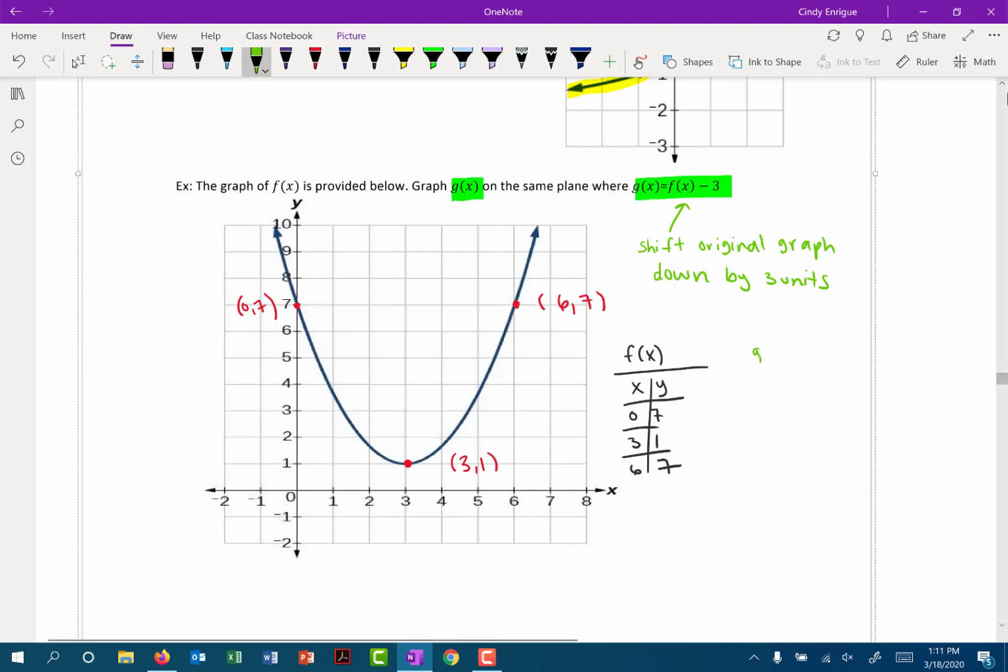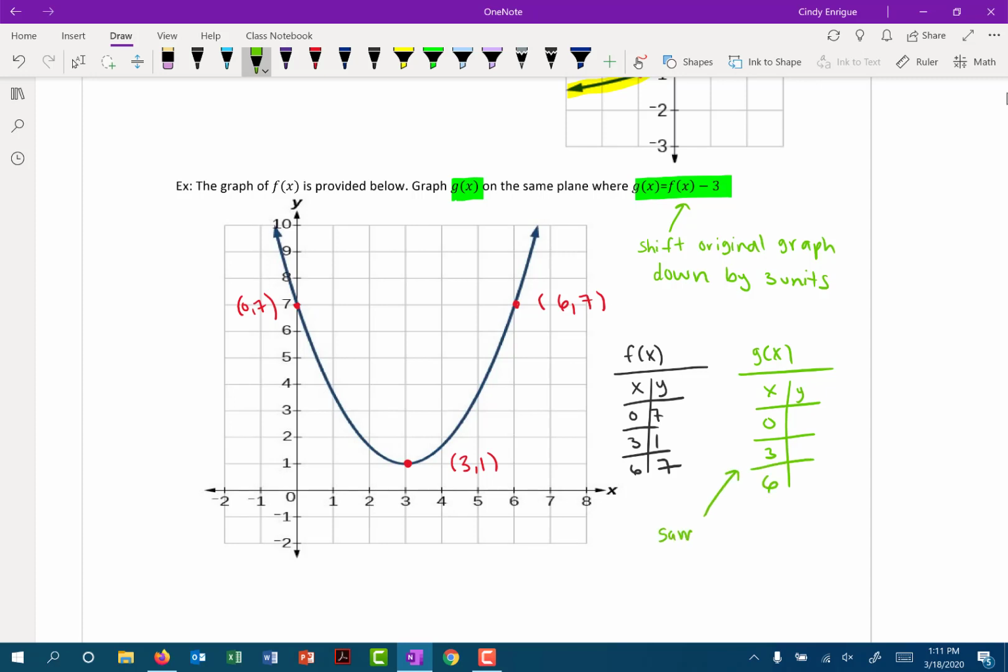So my new function g of x, what's going on there is I'm still going to have the same x values. So I still have 0, I still have 3, and I still have 6. So same x values. Now for all of my y values, what's going down is I'm going to subtract 3 from the y values.